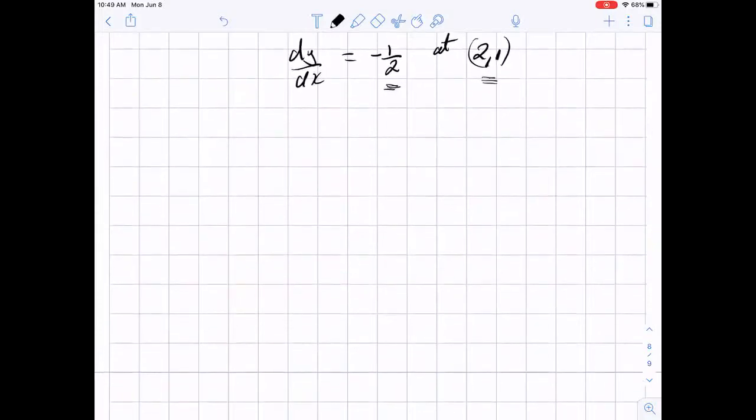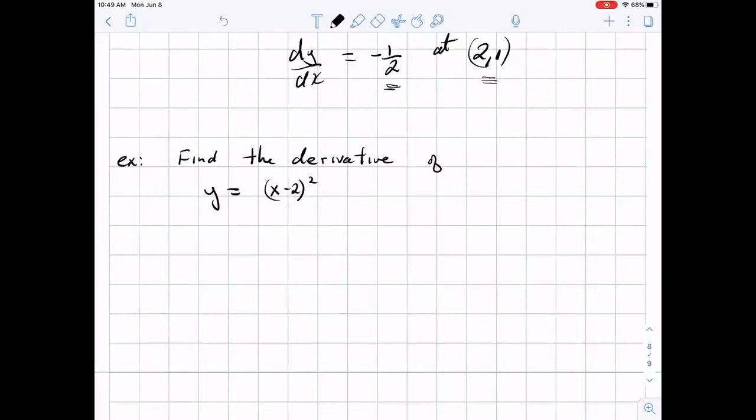Example: find the derivative of y equals (x minus 2) squared divided by the square root of x squared plus 1. And you're given that x cannot be equal to 2 in this case.